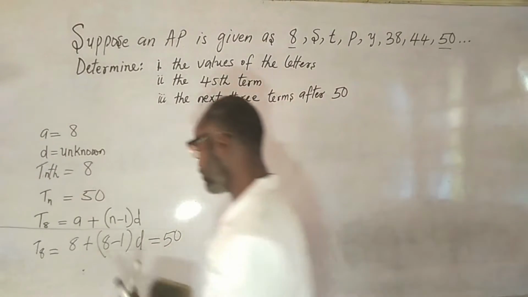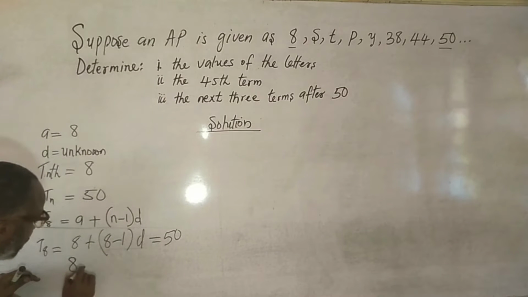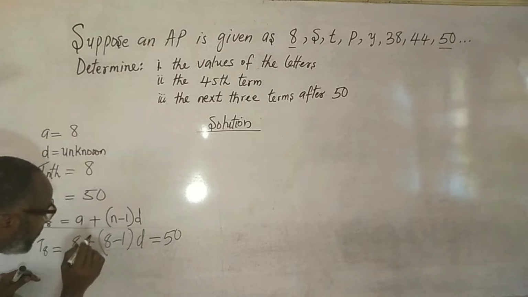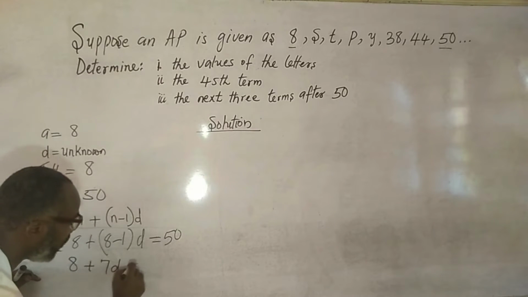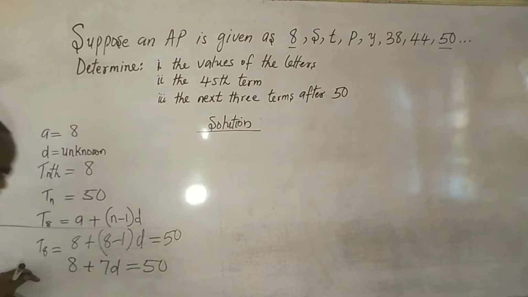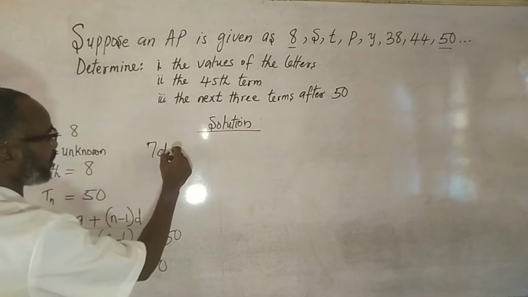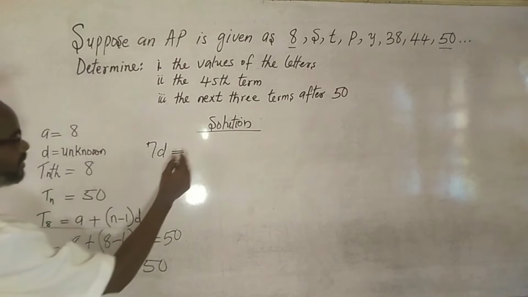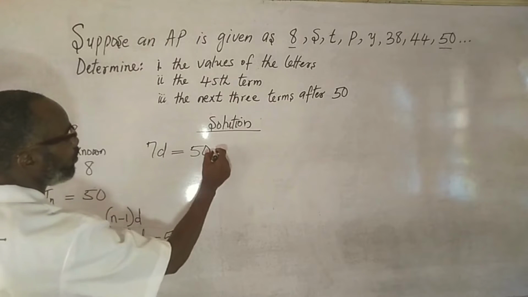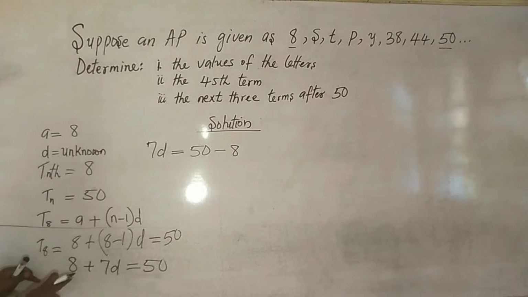So what do we do? At this point, we state 8 plus 8 minus 1 is 7, 7 times D is 7D, all equal to 50. Very nice. What do we do next? We take this 8 to the other side, and we have 50 minus 8. Correct.